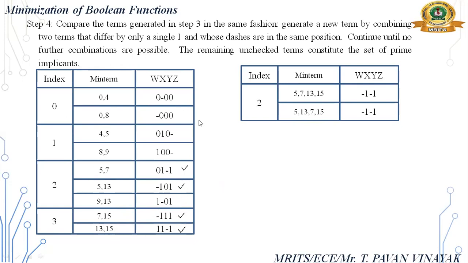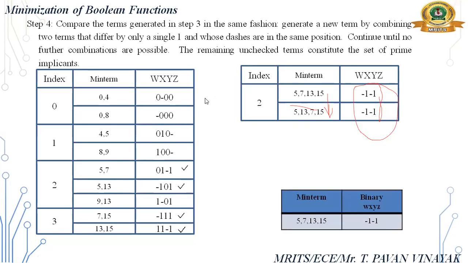And here you observed one thing: in these two, 5, 7, 13, 15 and 5, 13, 7, 15, the values are the same. So you can write only one term, either one, both are the same values. Write one time only. Okay, it is not tick marked.